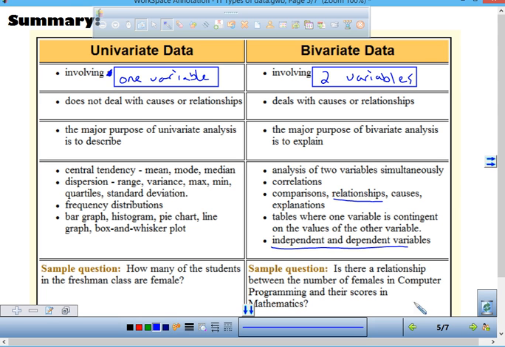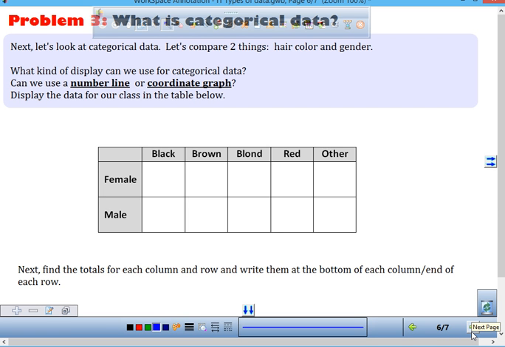There's a relationship between females in computer programming and their scores in math. You're looking for a reason as to why something is happening. Why is the Earth's average temperature increasing over the past 10 years? Those are things that you look at. Science uses this a lot.